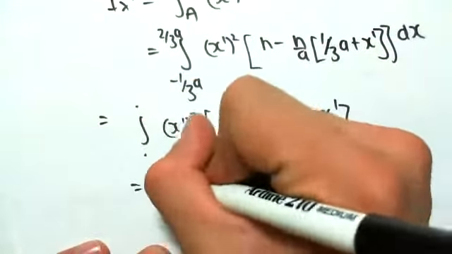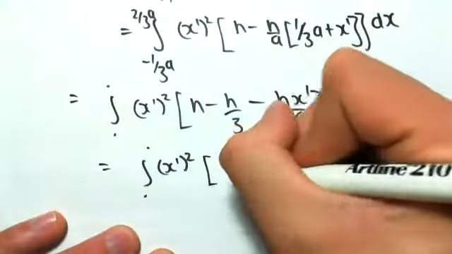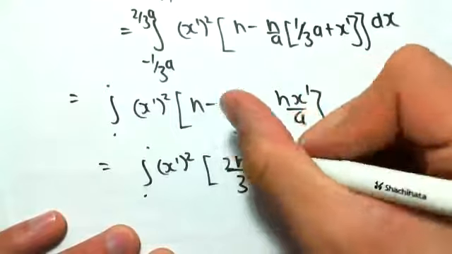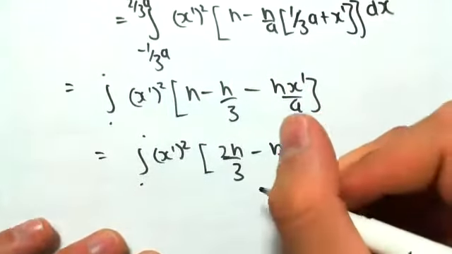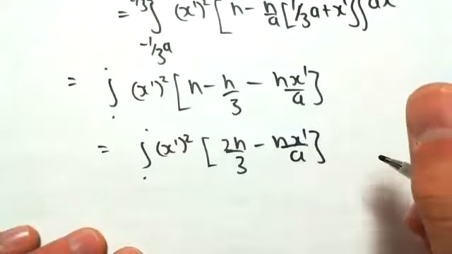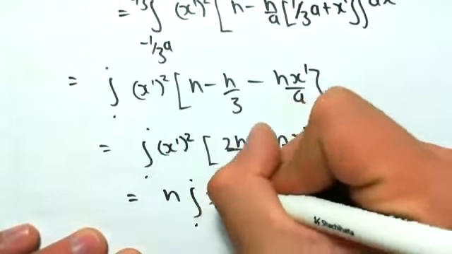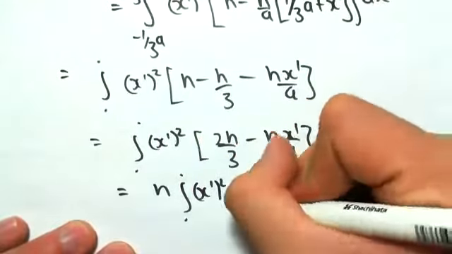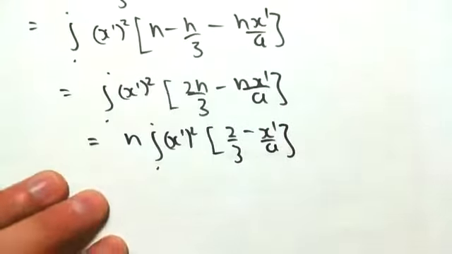Simplifying this further, we would have x dash squared outside of 2h on 3 minus hx dash on a. Simplifying this again, we would take out an h, have x dash squared, 2/3 minus x dash on a.